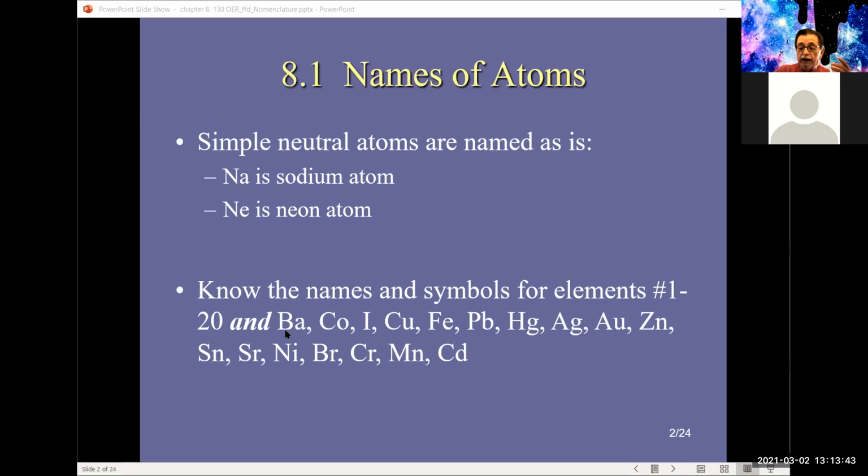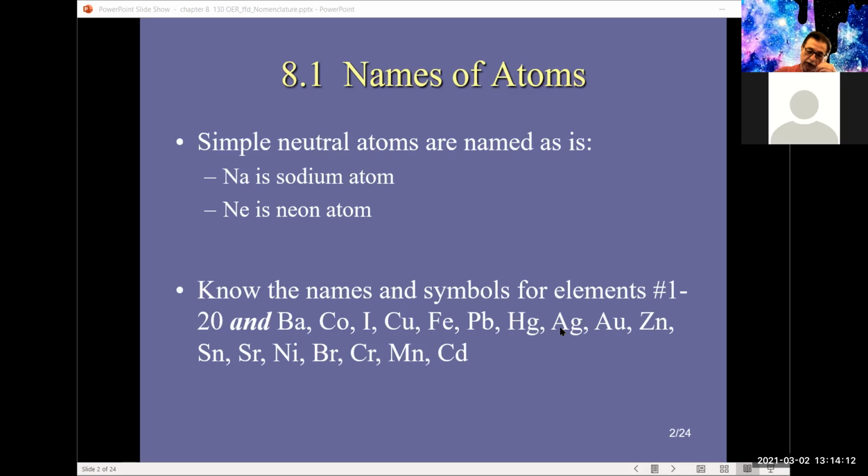We got Ba, which is barium, Co, which is cobalt, I, which is iodine, Cu, which is copper, Fe, which is iron, Pb is lead, Hg is mercury, Ag is silver, Au is gold, Zn is zinc, Sn is stannous, or you can use the word tin.